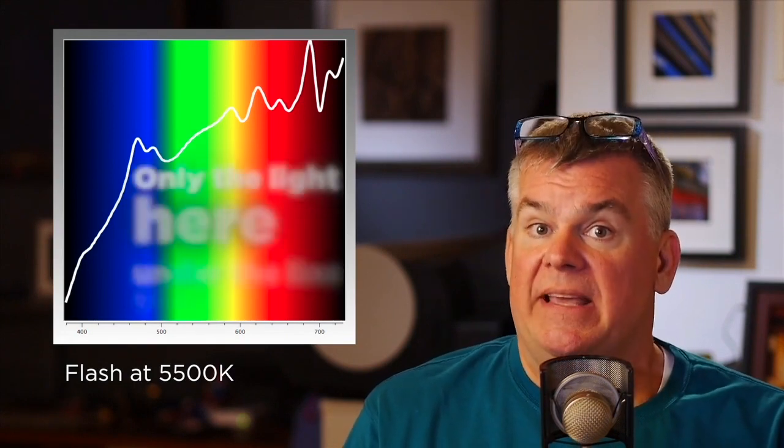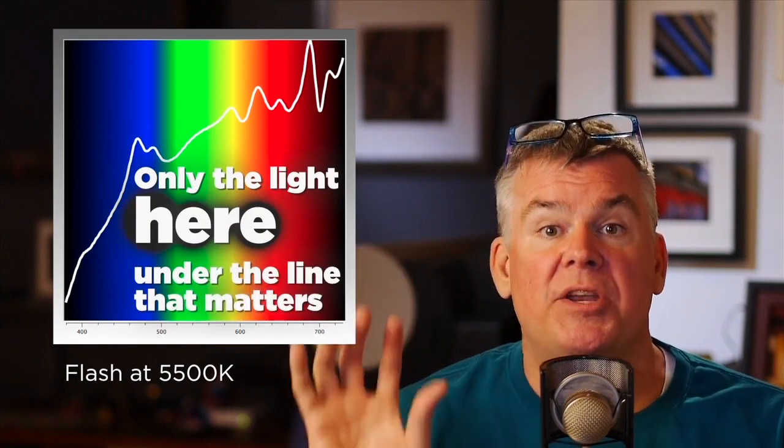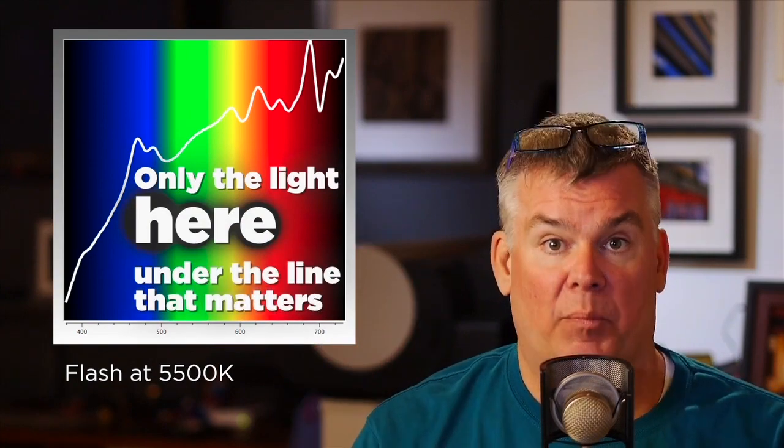And we see here that daylight flash is kind of an unusual shape, but keep in mind, it's all the information below the squiggly line that's important to us. That's the only information that our cameras can make a picture from. Well, what happens when we go into unusual lights, lights that aren't continuous and that aren't the sun?